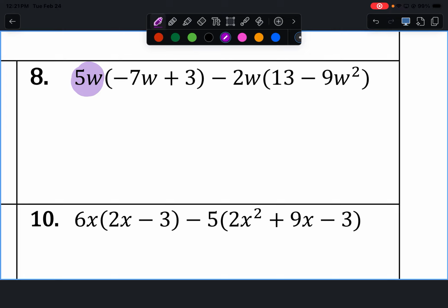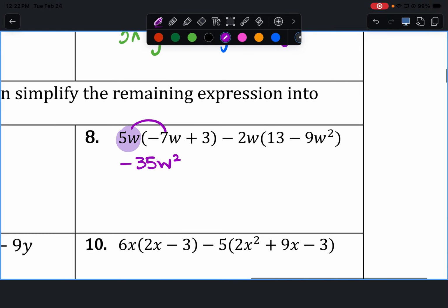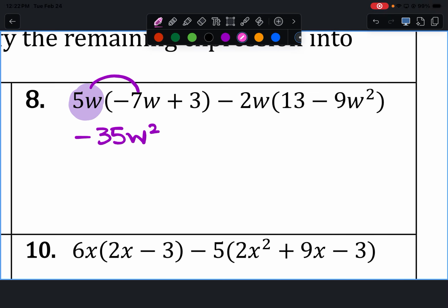We're going to start by multiplying 5w by, which gives us negative 35w squared. Then we are going to do what next? Which gives us 15w.